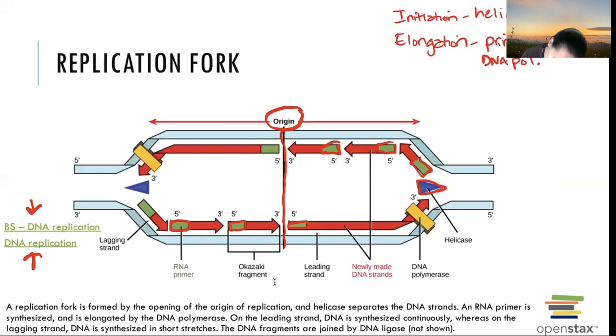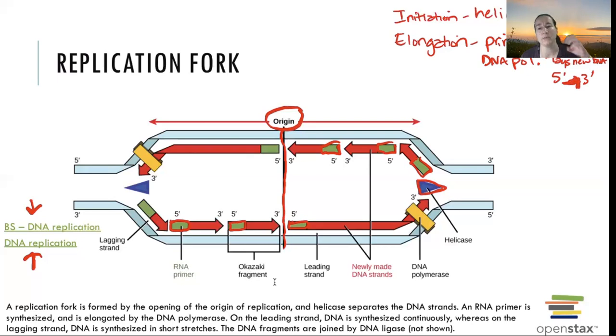It's always going to lay it in a certain direction too. We are going to lay it in 5' to 3'. It's going to always run 5 to 3 every time when DNA pol is laying down new DNA. So it can only go in that direction.